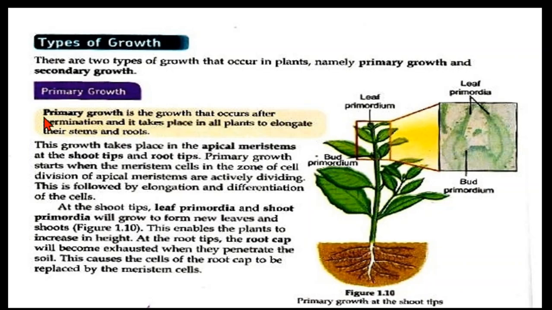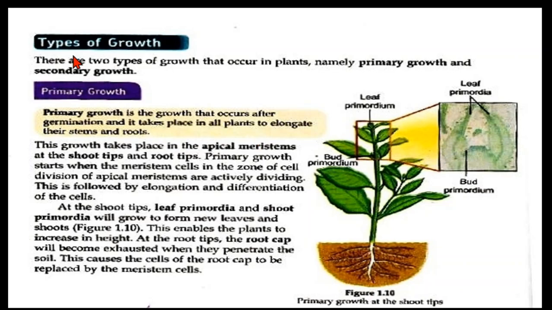Primary growth is the growth that occurs after germination, and it takes place in all plants to elongate their stems and roots. So that is primary growth. After germination occurs, the plant will elongate, that is, its stems and roots.